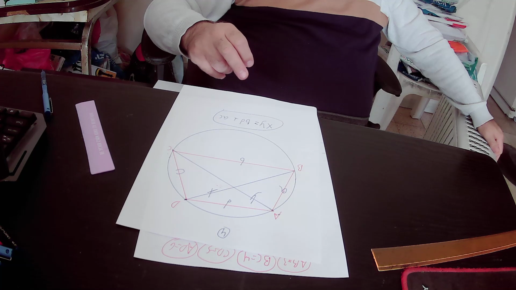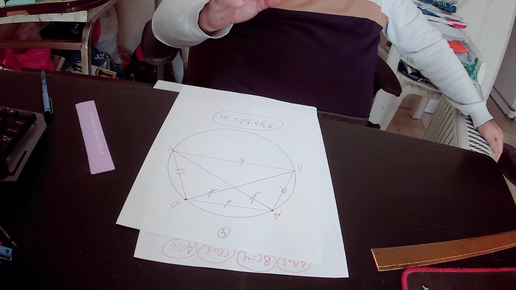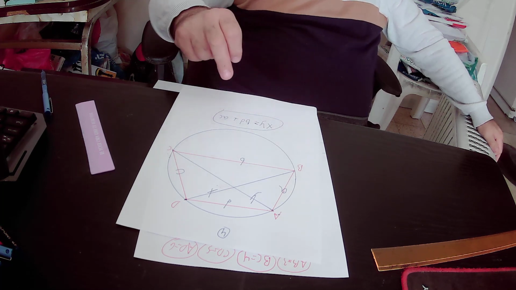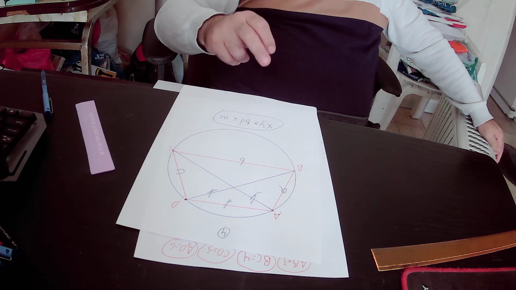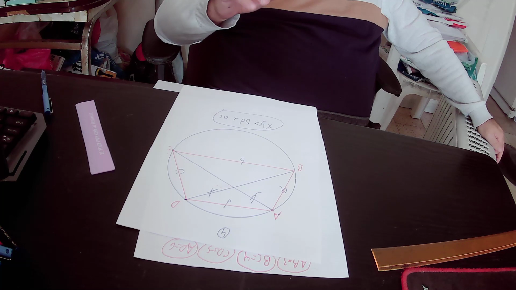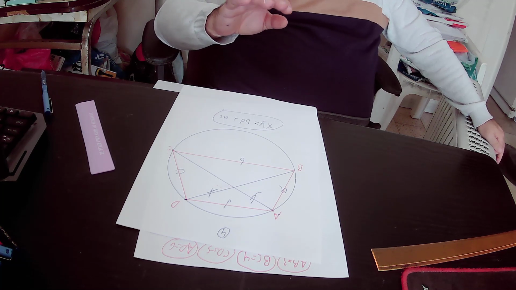And the sum of the products of its opposite sides is BD plus AC. So according to rule number 2, x times y, the product of its diagonals, equals BD plus AC, or xy equals BD plus AC. Okay?